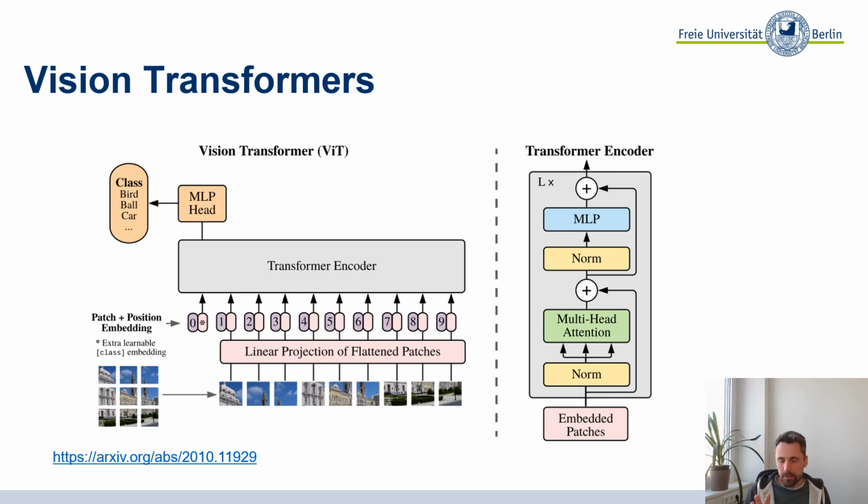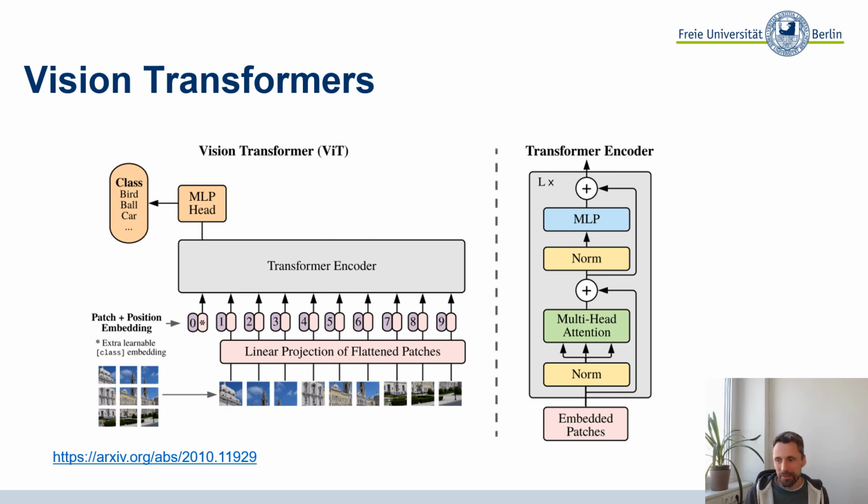I think it's interesting to see that you can apply transformers, so this multi-headed attention, to pixel sequences, and come up with a model for image classification, for example, that is as performant or maybe even better than current convolutional architectures. So there's no convolutional layer in here. This is purely attention based, and this works.